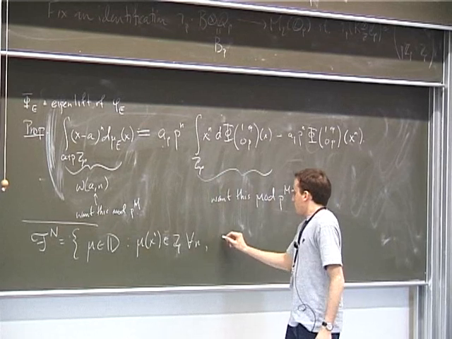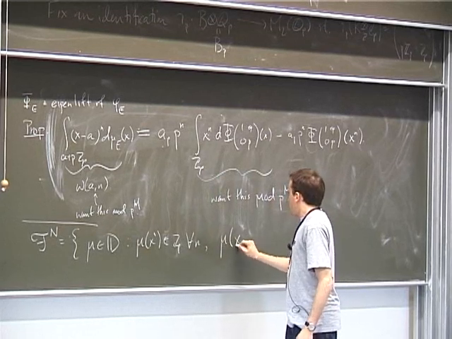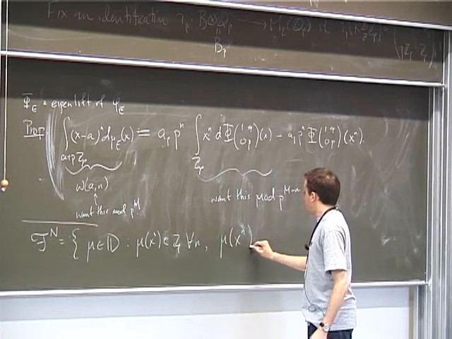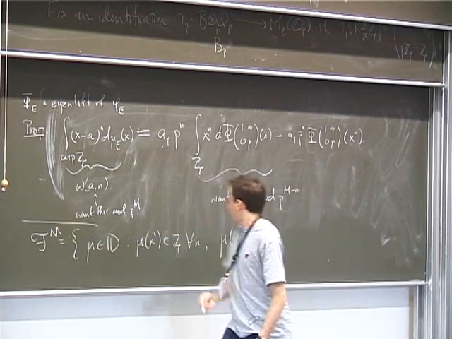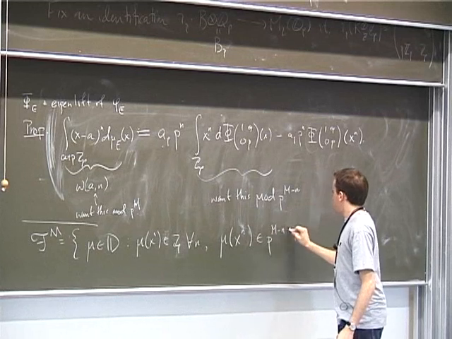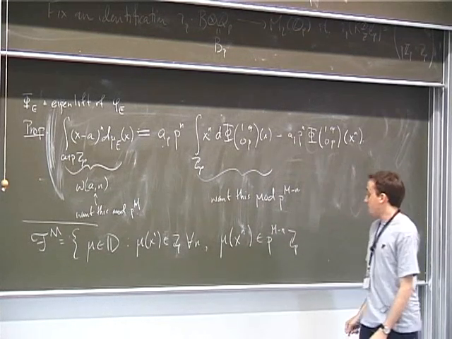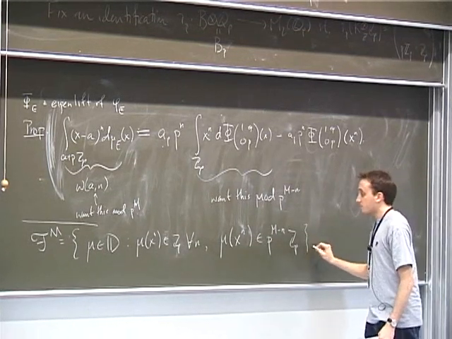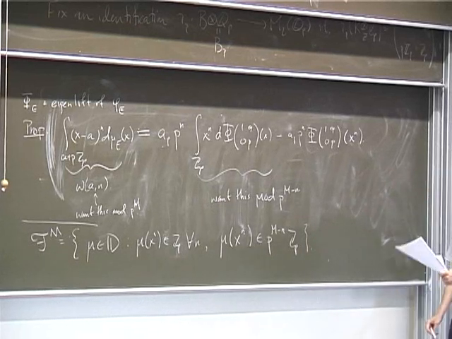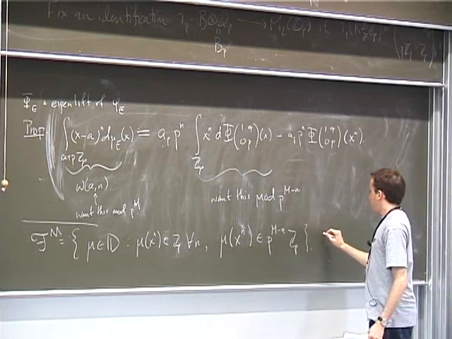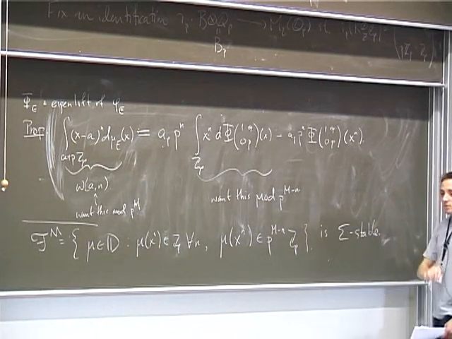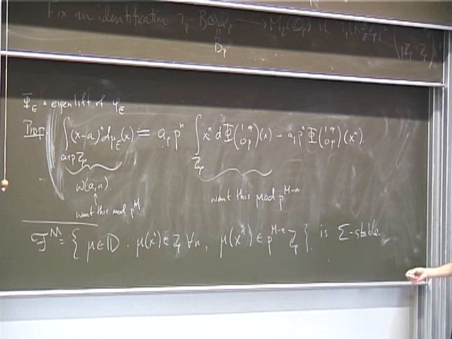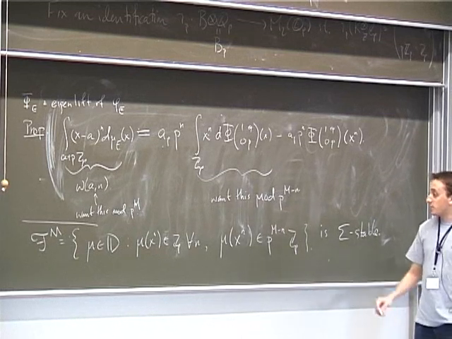And moreover, that mu of x^n is in p to the n minus m Z_p, call this m to stay consistent, then this is sigma stable. The sigma stable subgroup of D.